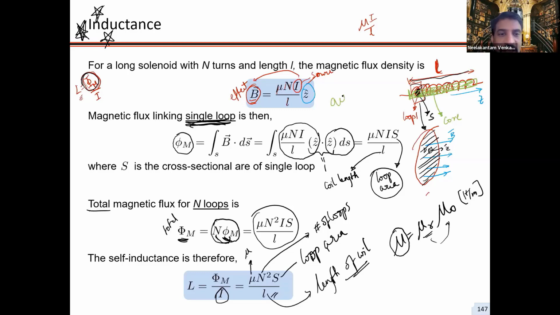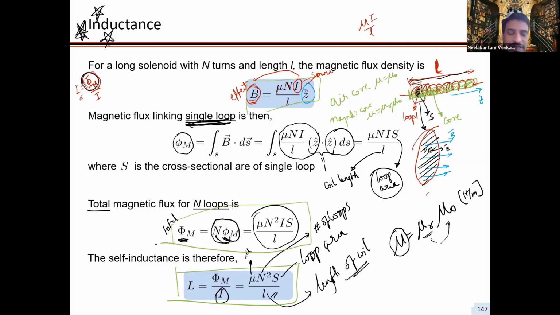So you can either have an air core, in which case mu is equal to mu naught, or a magnetic core, in which case mu is mu r mu naught. So you have all those parameters, so you can figure out the inductance, the B field, and the total flux.